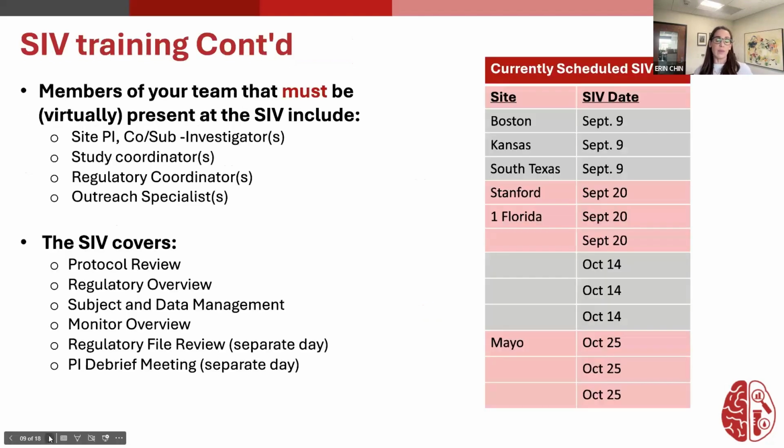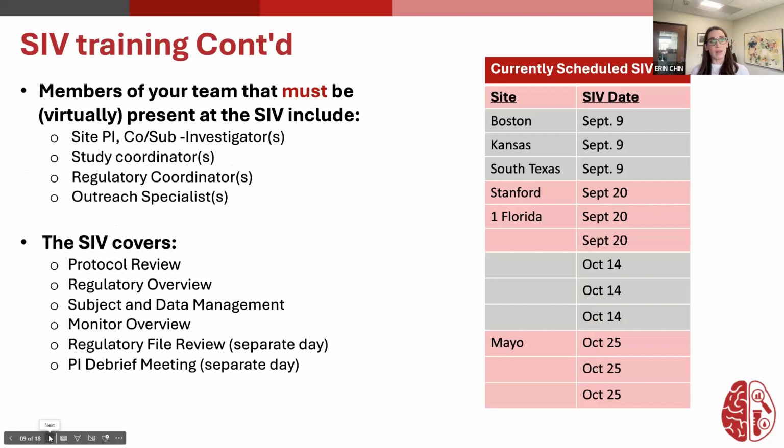All right, so the staff members that will need to be included, in addition to the site PI, we'll need the study coordinator, regulatory coordinator, and the outreach specialist, and they would really only need to be there for their portion of the site initiation visit. Somebody like the study coordinator would need to be there throughout the entire site initiation visit.